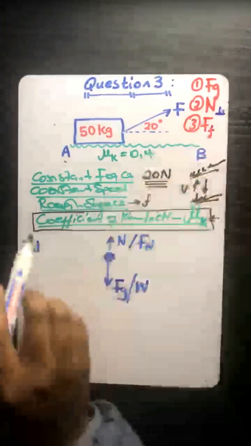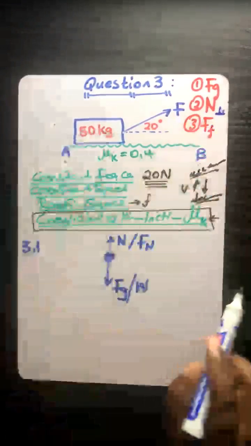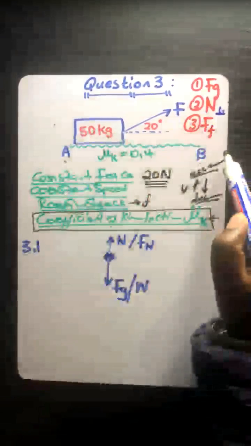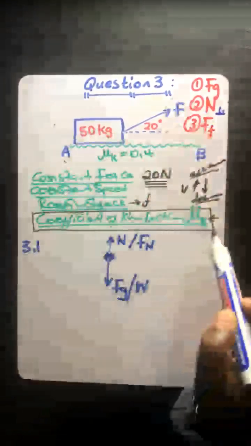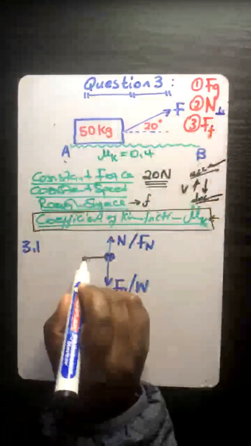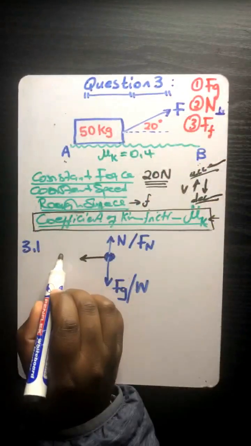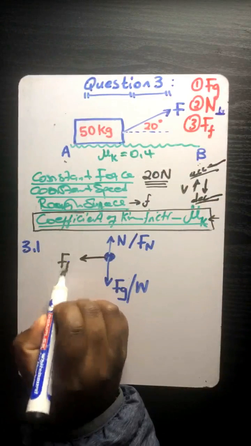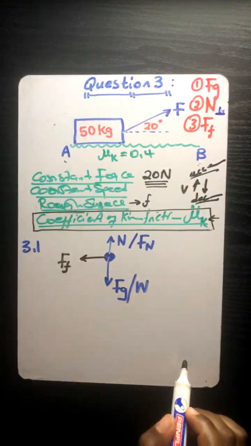So in which direction is the object moving? Obviously, it's going to move towards the right because it is being influenced by that force. So the frictional force is in that direction.